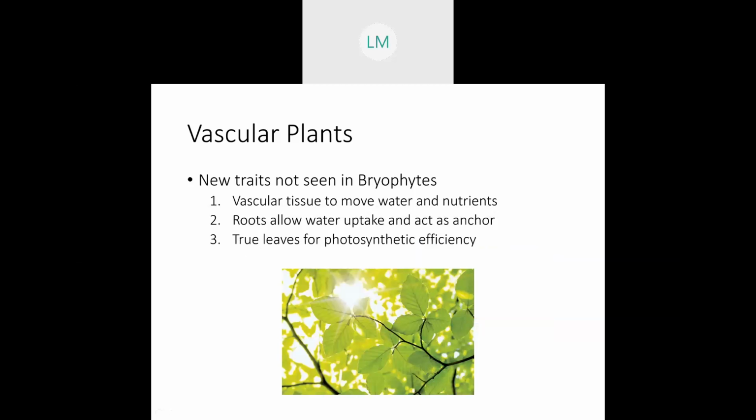And then we also have the evolution of true leaves. So you kind of saw in the bryophytes, there were some green leafy bits for that gametophyte, right? But they're not actual leaves that we think of when we think of leaves. So this evolution of true leaves is going to allow for much greater photosynthetic efficiency.